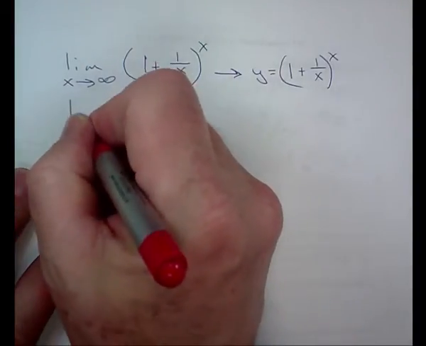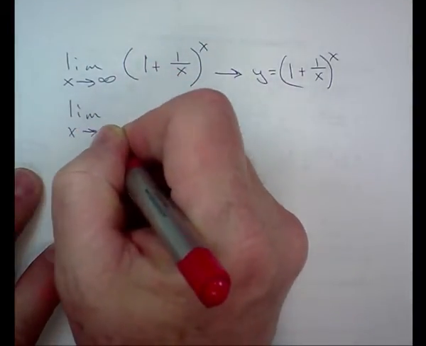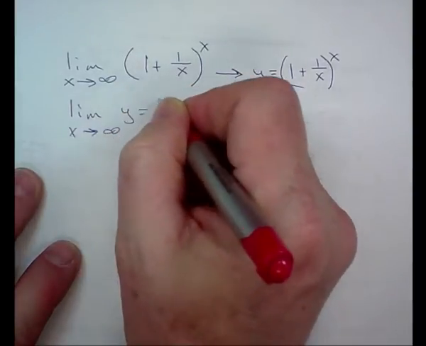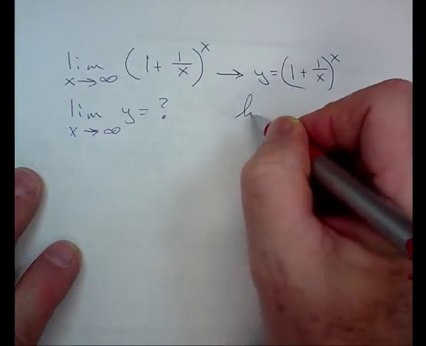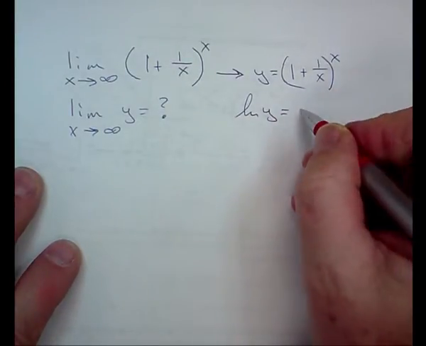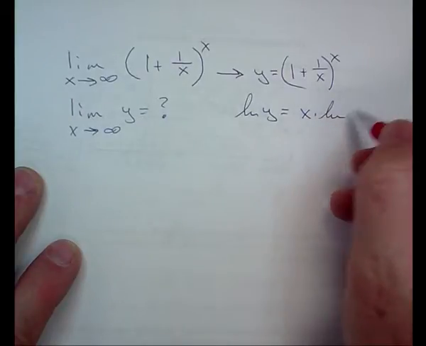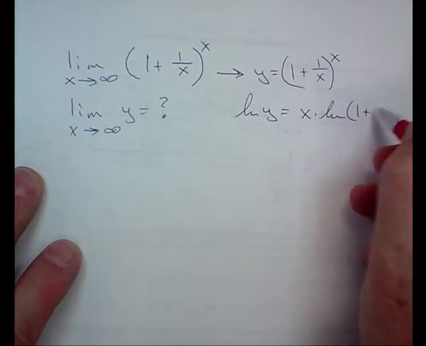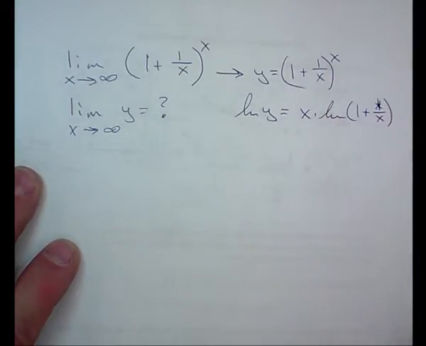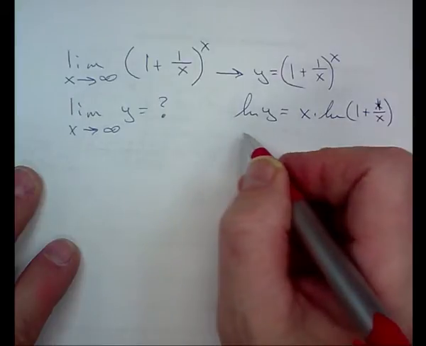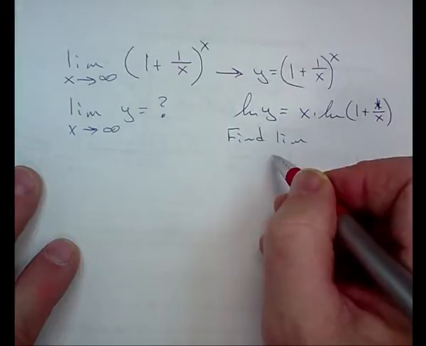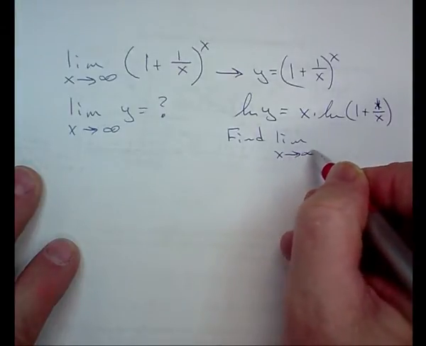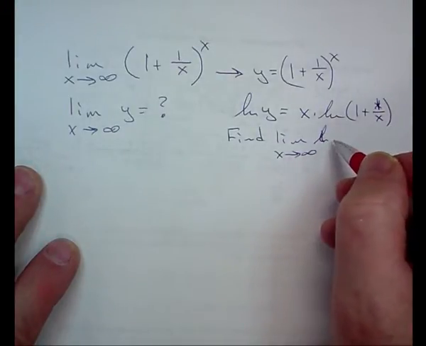So what I'm going to look at, I take the natural log of y, and I get x times the natural log of 1 plus 1 over x. And so what I'm going to do is find the limit as x goes to infinity of the natural log of y.